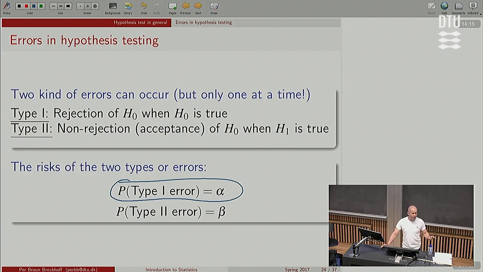So we put that at a low number, right? We must have some pretty strong evidence before we move forward with something. That's why we put it as low as 5%. 10% is pretty unlikely, but it's not enough. I want to be more sure that I found something, so I go down to 5%, and maybe even further down if I want to be even stricter on that risk.